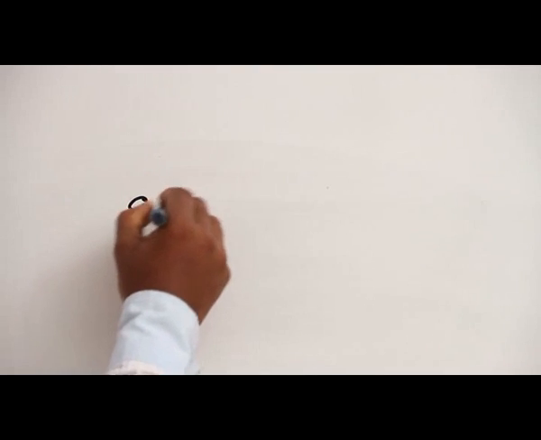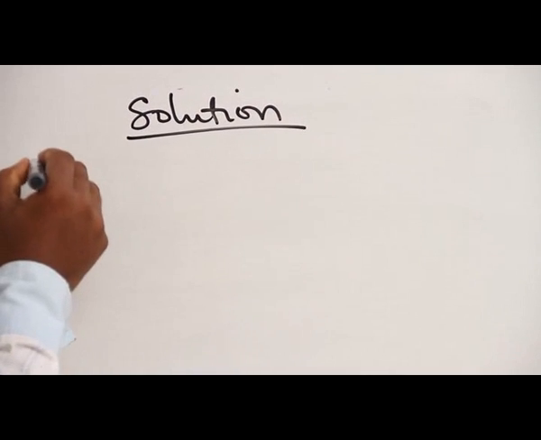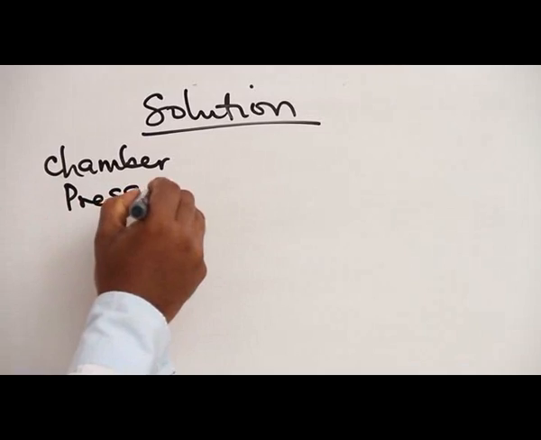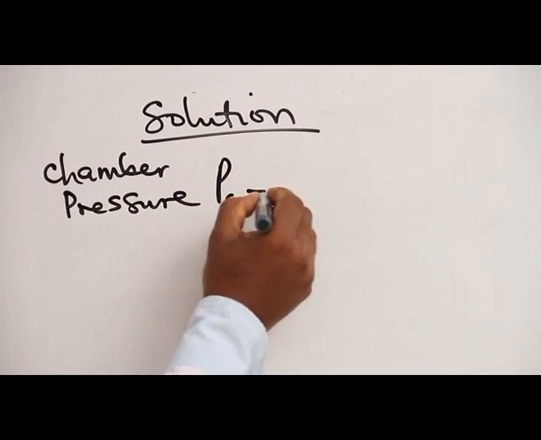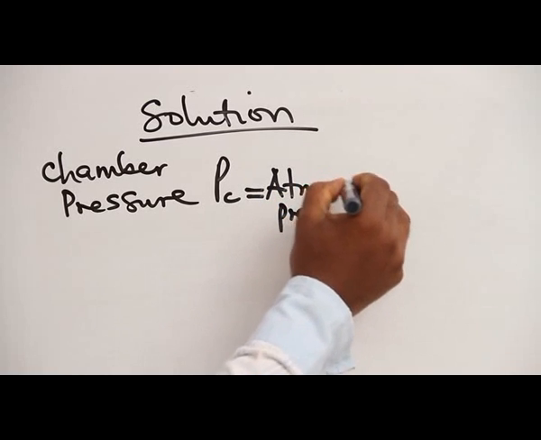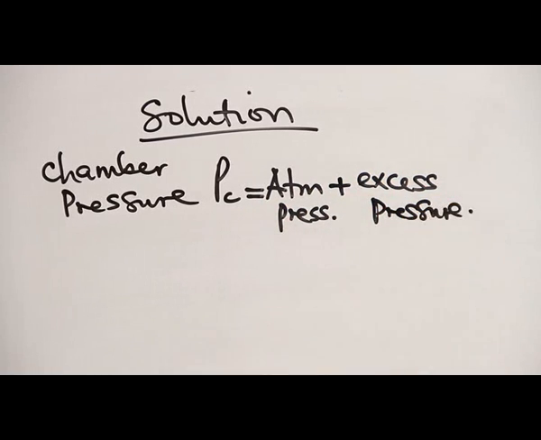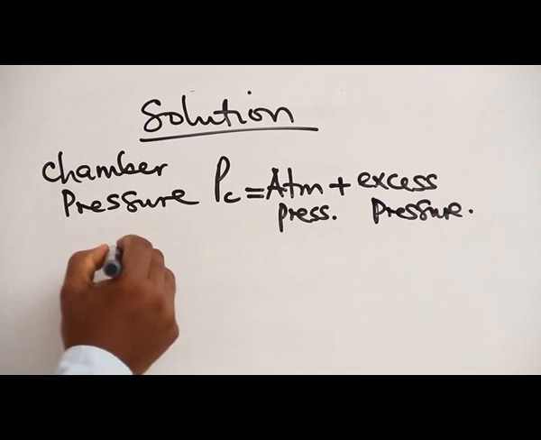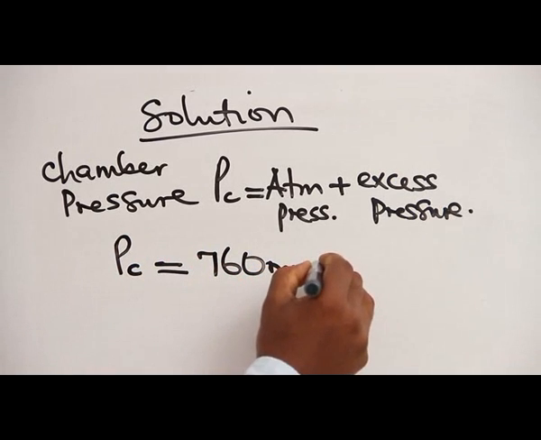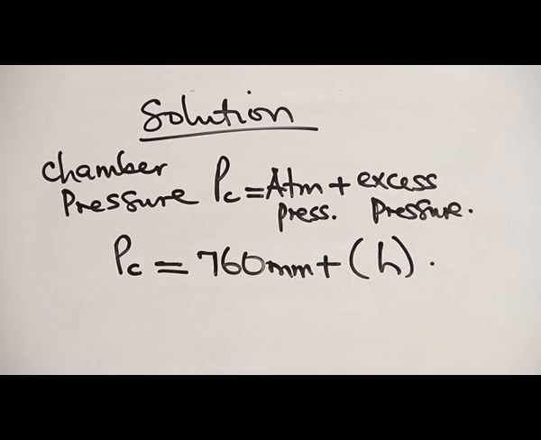Solution. Pressure in the chamber, PC, is equal to atmospheric pressure plus excess pressure above the atmospheric pressure. So chamber pressure will give us 760 millimeters plus the excess pressure represented by the difference in height.